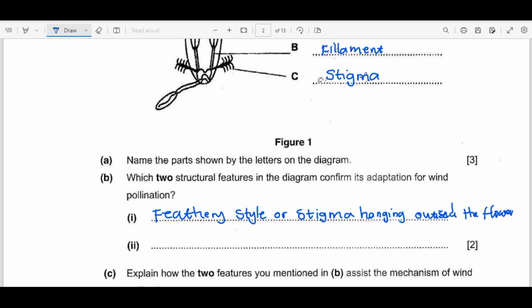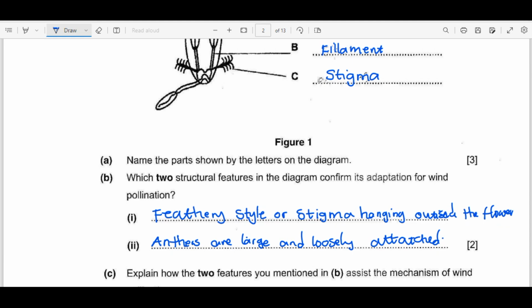We can say the anthers are large and loosely attached to the filament, so that any slight air movement may cause the pollen grains to fall on the stigma. So we'll say anthers are large and loosely attached. The reason why they are loosely attached is for easy release of the pollen grains during pollination.